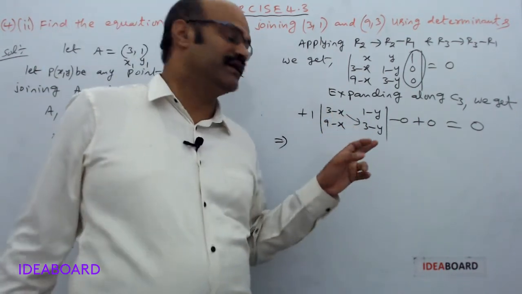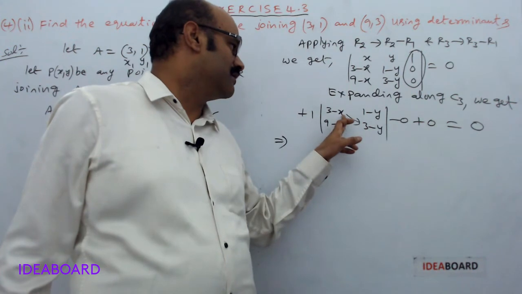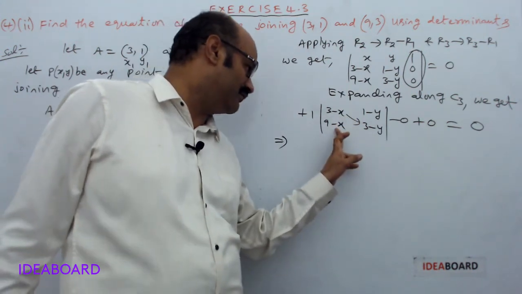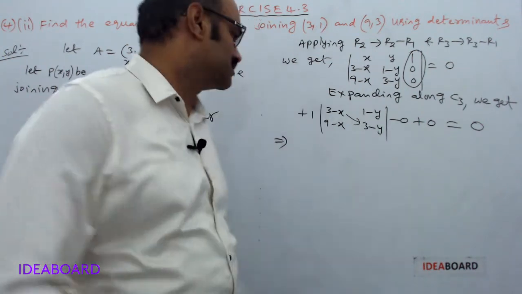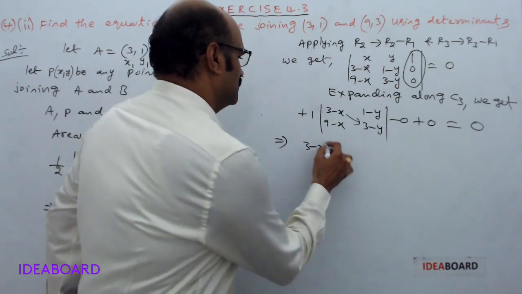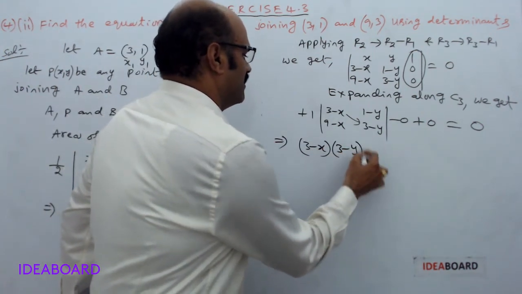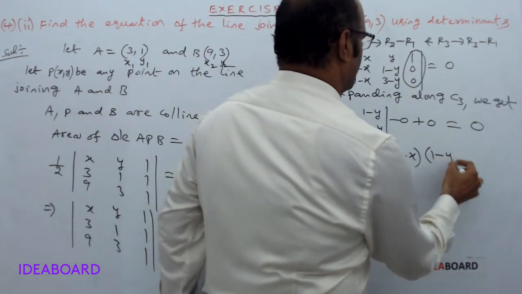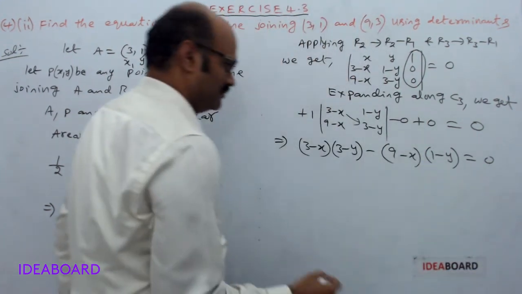Whenever you have a determinant of a 2 by 2 matrix, it is the product of principal diagonal elements minus the product of off diagonal elements. So (3 minus x)(3 minus y) minus (9 minus x)(1 minus y) equal to 0.